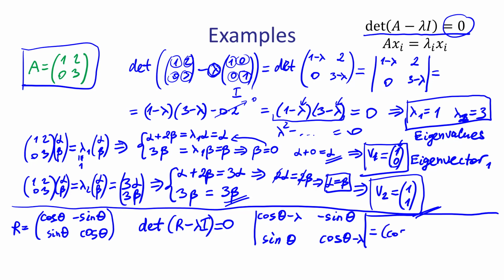So it's cosine theta minus lambda squared, minus sine theta multiplied by sine theta with minus will be plus sine squared theta. So let's simplify a little bit.